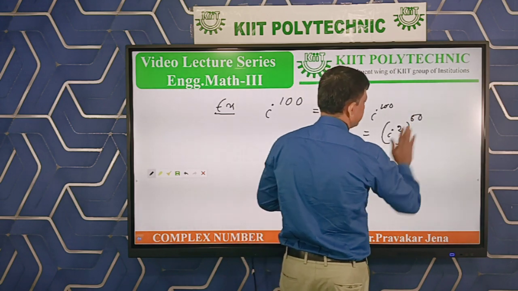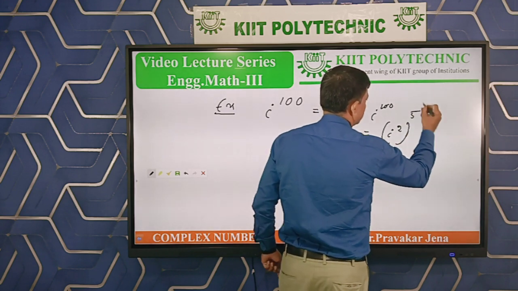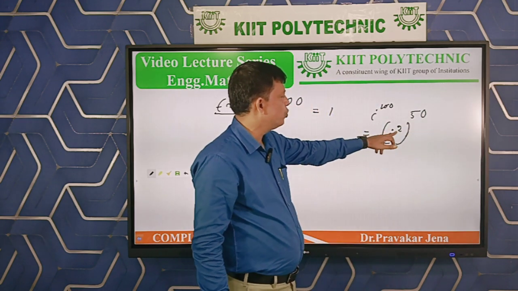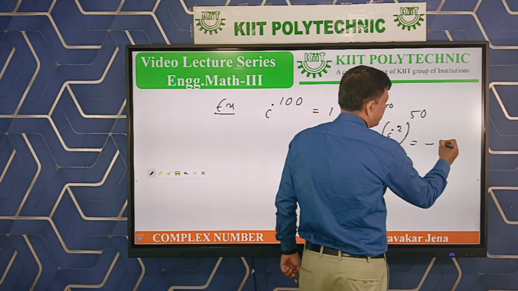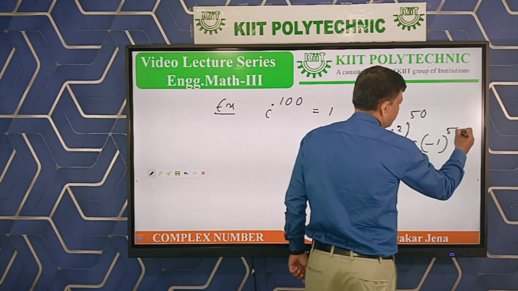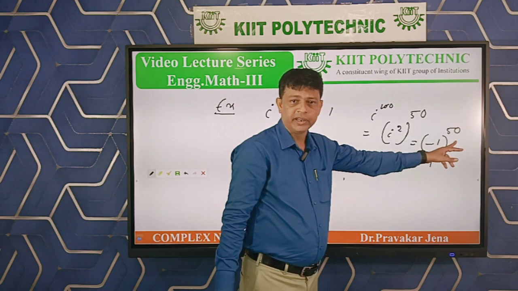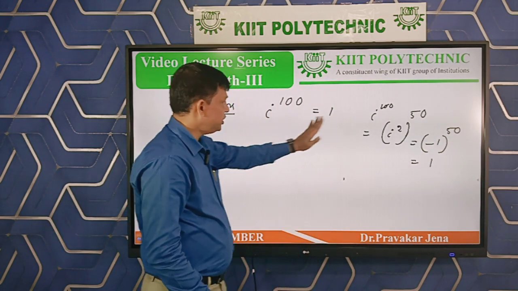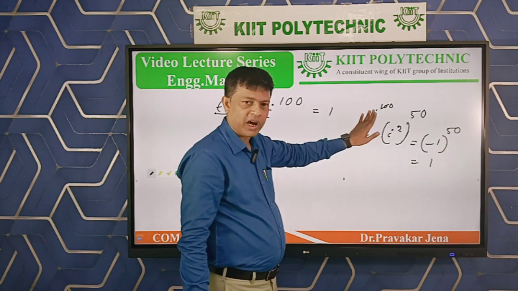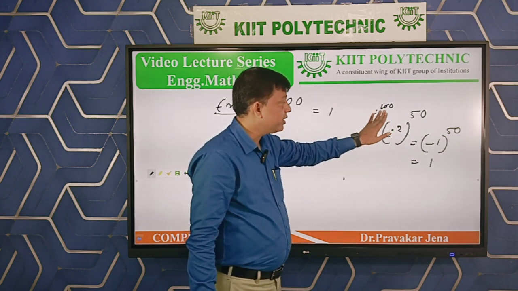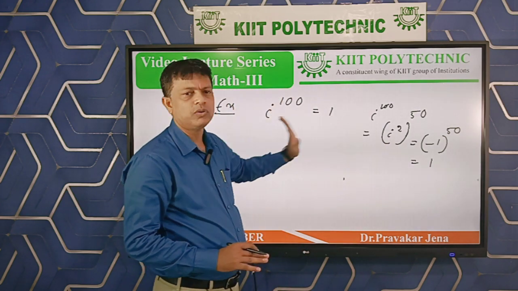Just divide it, 100 by 2 equals 50, and i square equals -1, and -1 to the power 50 is equal to 1. We know that -1 to the power of any even number is positive. If the power of i is an even number, you can divide it by 2, no doubt. And if it is a multiple of 4, then you can write directly 1.